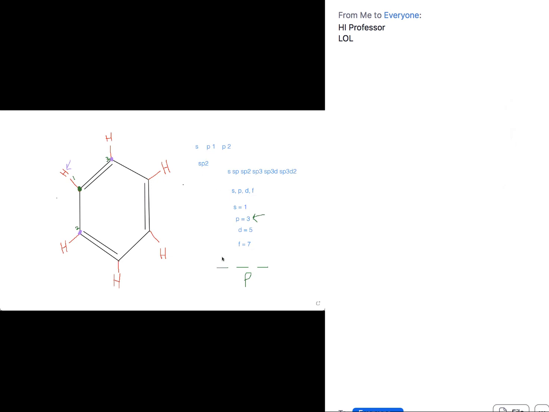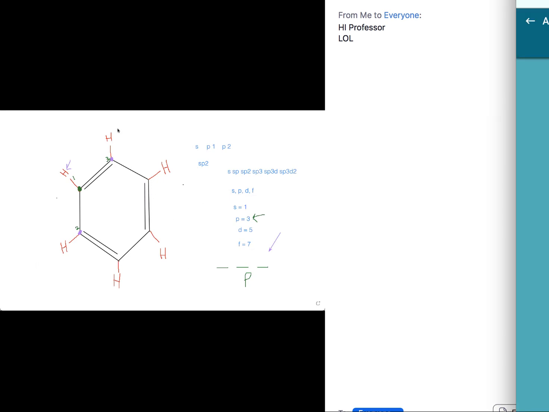Now, if you notice, there are 3 p orbitals, if you look down where I drew all of those little lines down there. So when we have sp2, we have a combination of an s orbital and 2 of the p orbitals.